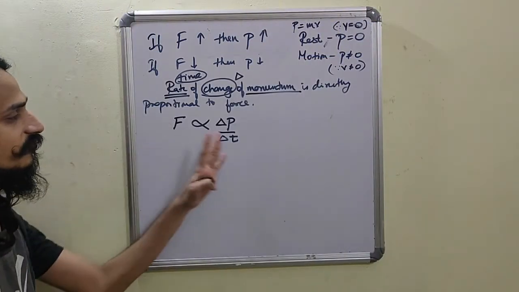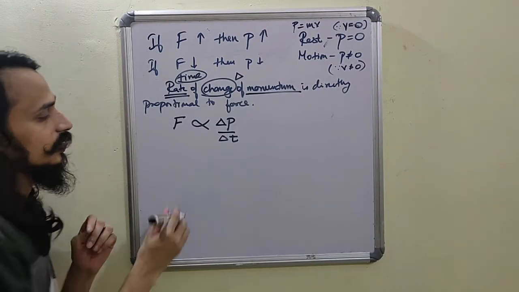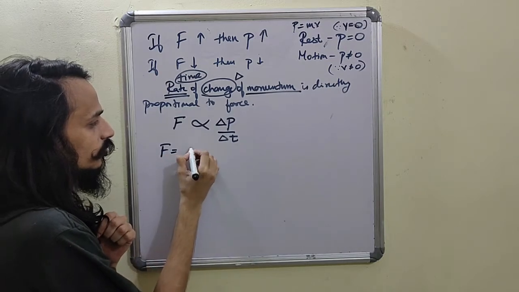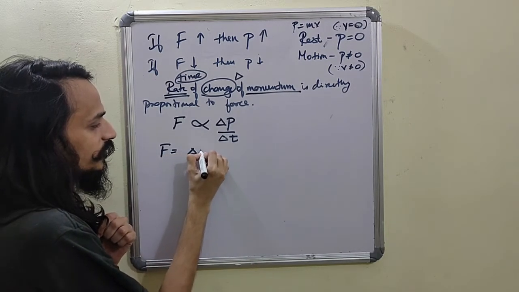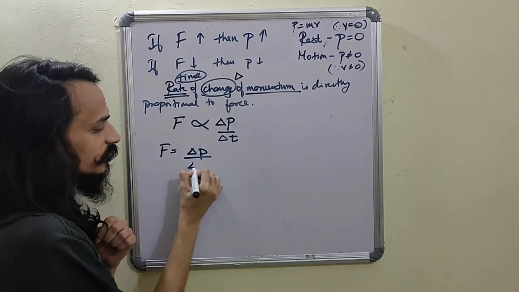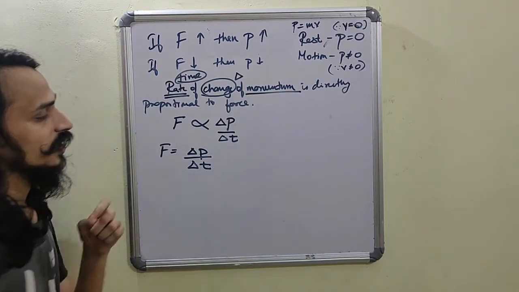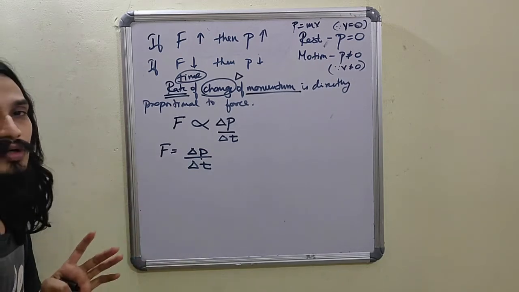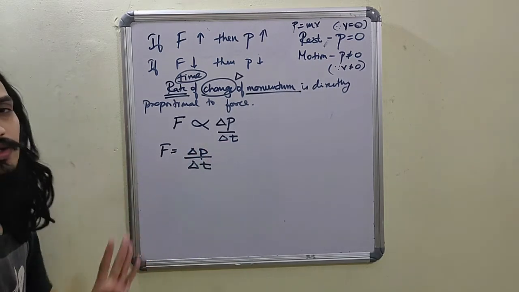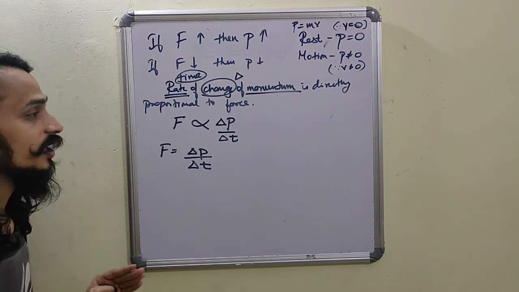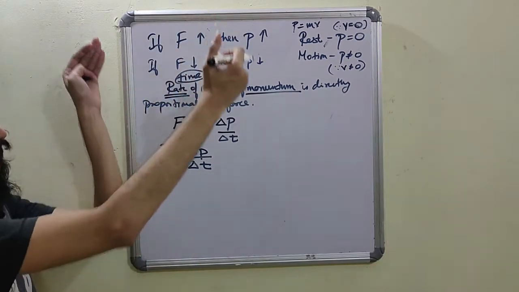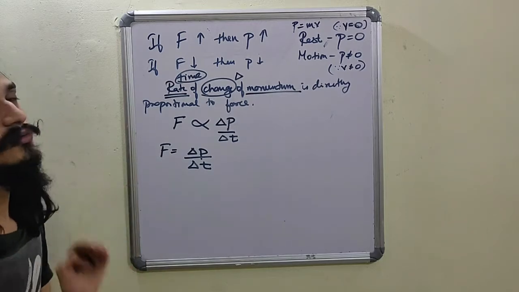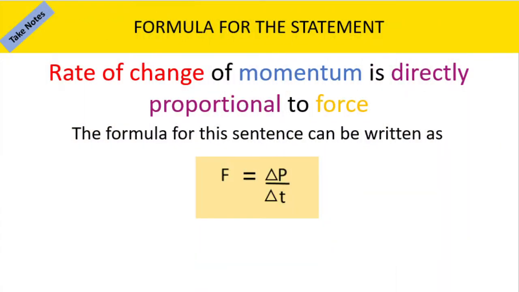So in a way, if I make this into a formula, I can write F equals delta P, meaning change in momentum, divided by change in time. How much time is taken to change how much momentum will be equal to the force. If you divide these values, you get the force. It's okay if you are not able to completely follow everything. Make sure by the end you remember the formula correctly.